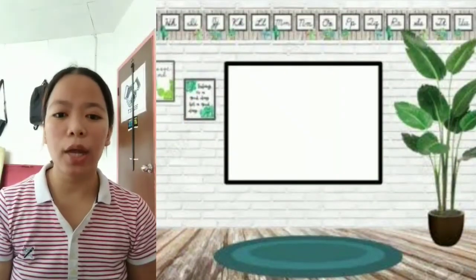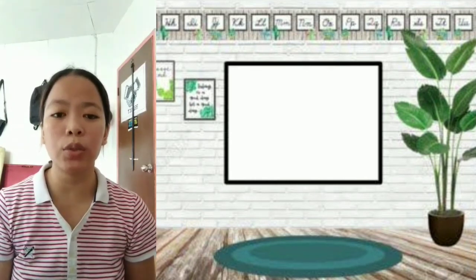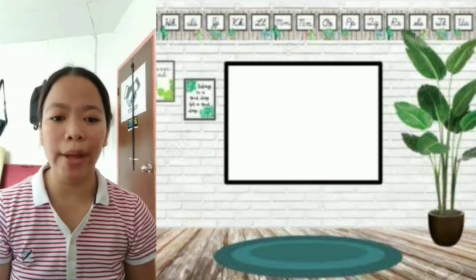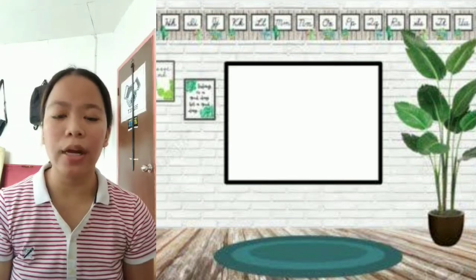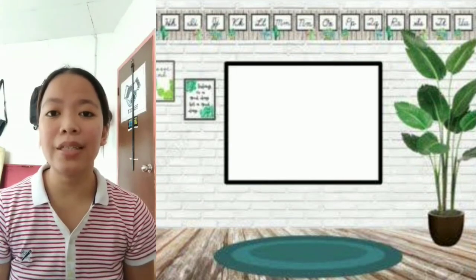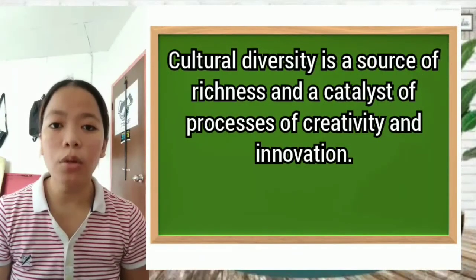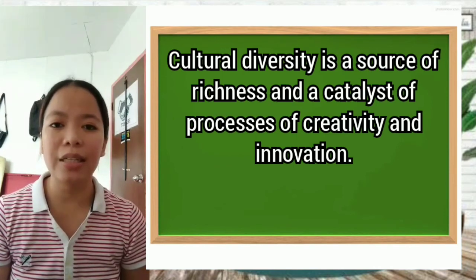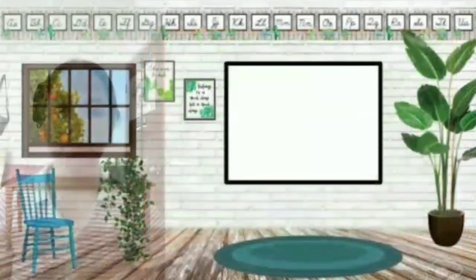Therefore, as educators, you are expected to be role models for your students, and you should treat all the students with respect. This will help encourage students to treat each other with respect and dignity as well. According to intercultural research and training, cultural diversity is a source of richness and a catalyst of processes of creativity and innovation.